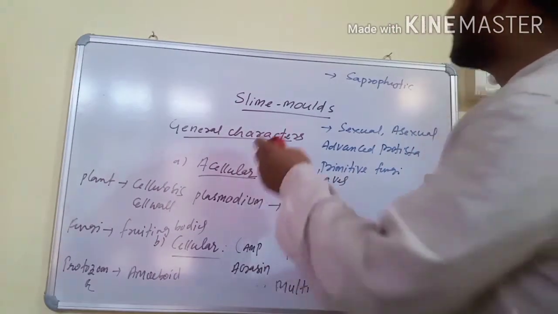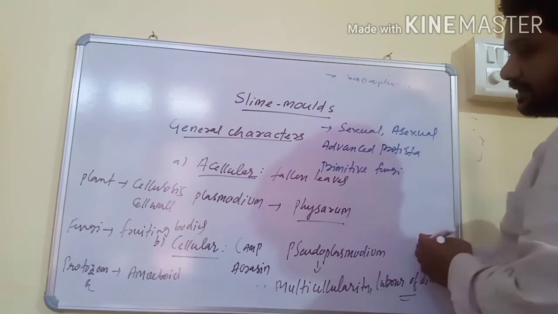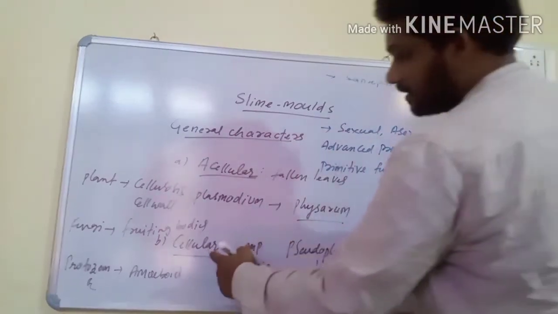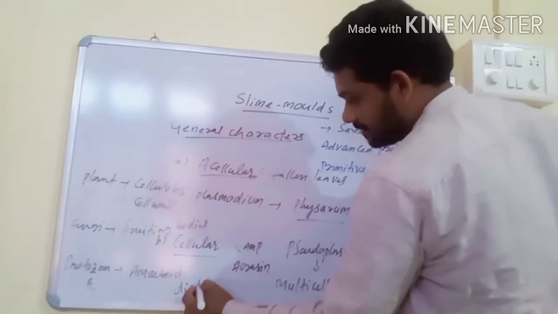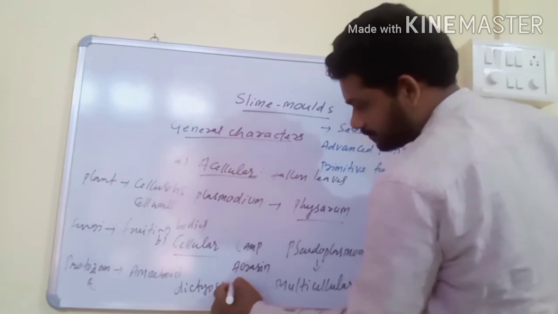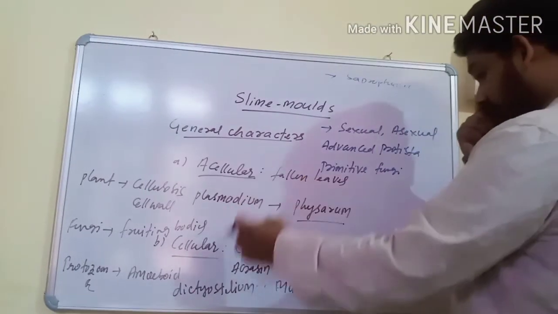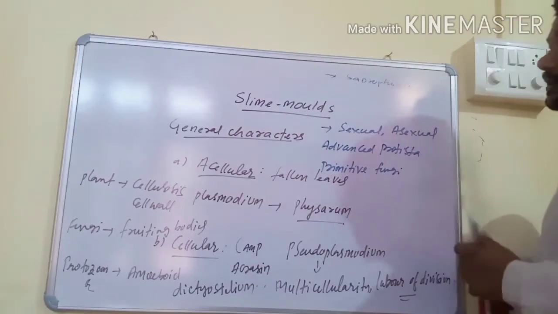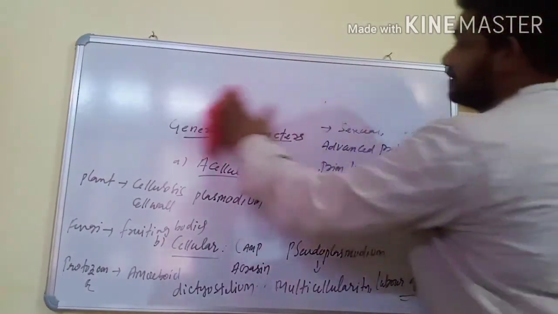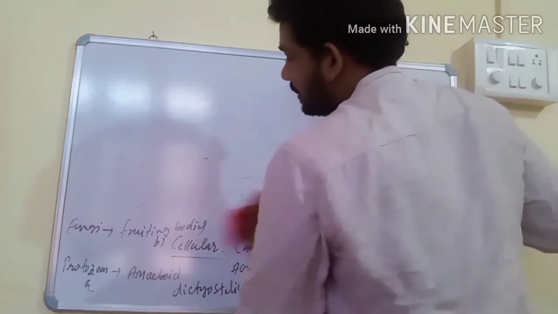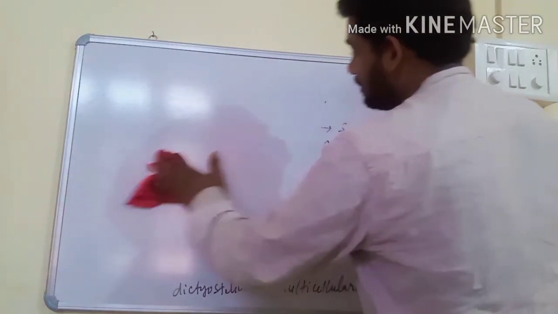Physarum is the example for acellular and Dictyostelium is the example for cellular slime molds. So this is the fourth class, the consumer decomposer protistans.